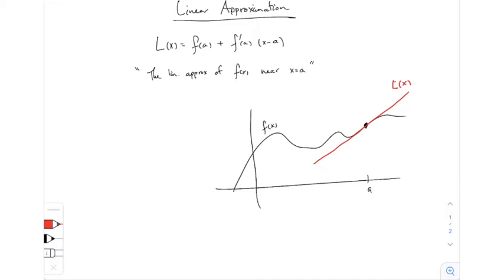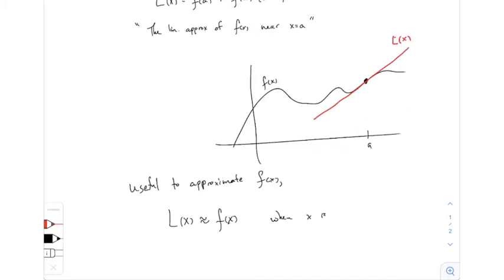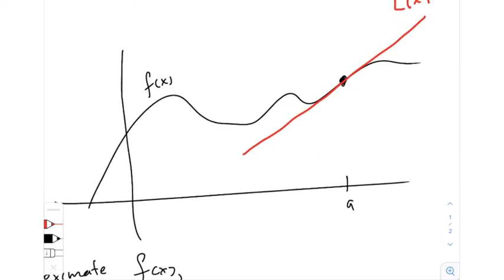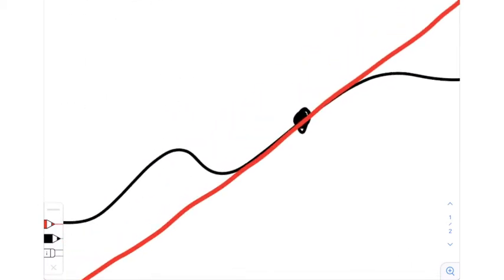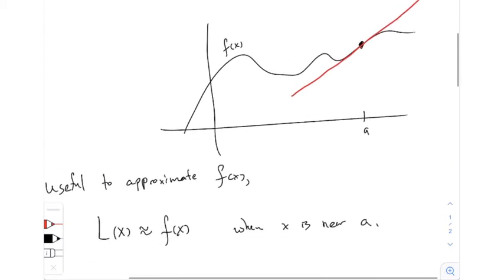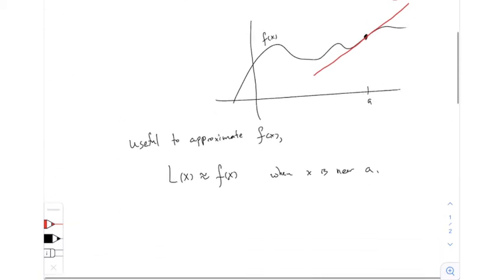Overall, the line and the function may be quite different, but if you zoom in near this point a, the line and the function look the same. That's the whole point of this. You can use the line instead of the function if you want to estimate values. If for some reason the function is too hard to find the true values, you can use the line instead. Last time around we used the linear approximation to estimate some square roots.